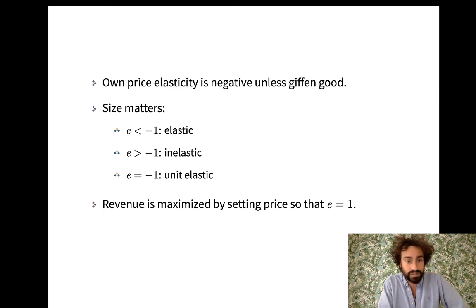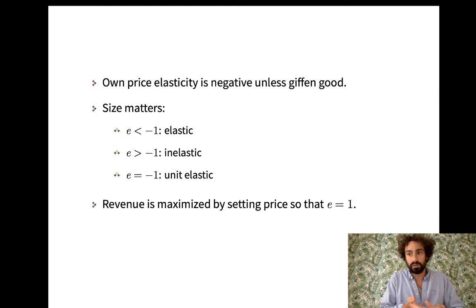The interpretation here is that if it's less than -1, then if you increase the price by a little bit, you're going to get more than that percentage decrease in demand, so it doesn't make up for the fact that you're increasing the price. If you have an inelastic good, you can increase the price, right?